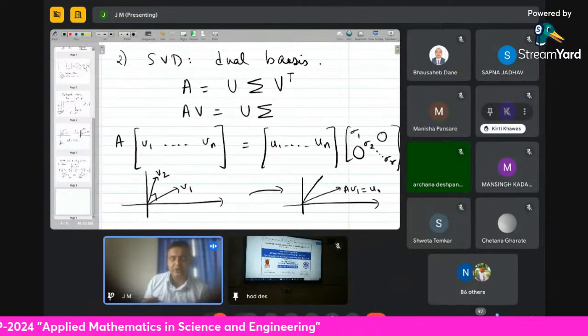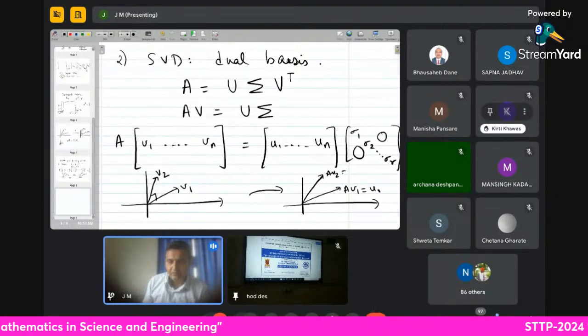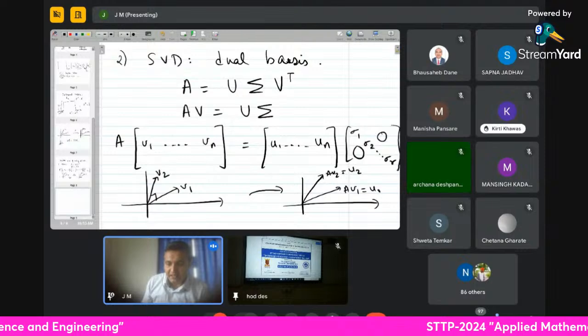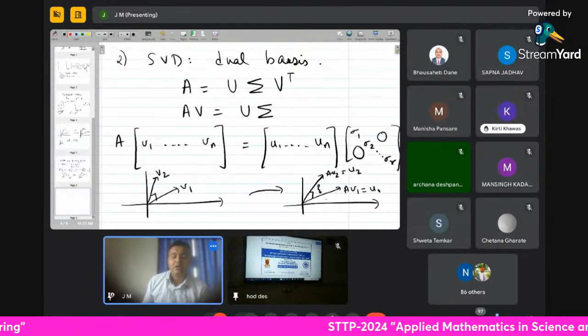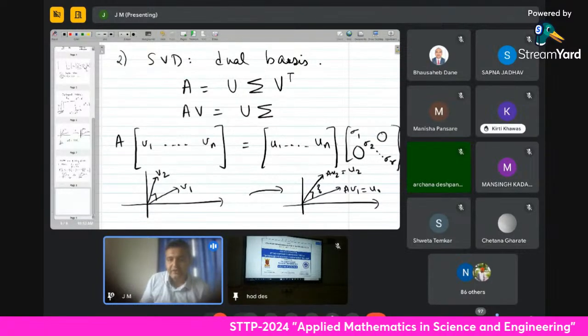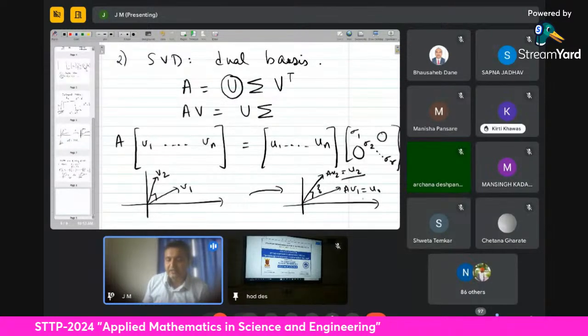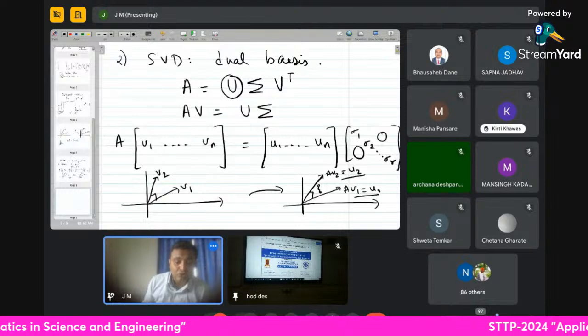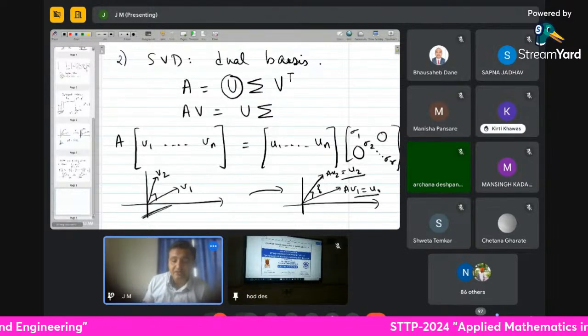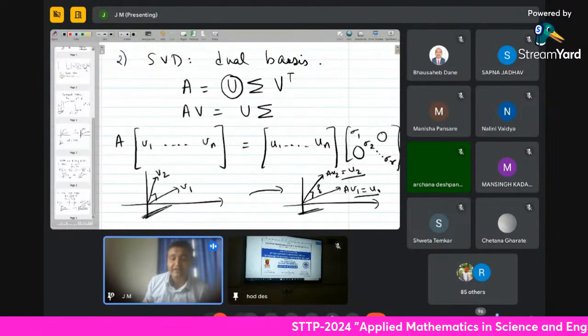Once I have AV2, which is my U2, the question is, are these orthogonal? The answer is yes, because my U matrix is also an orthogonal matrix, so the vectors I'm getting are also orthogonal vectors.